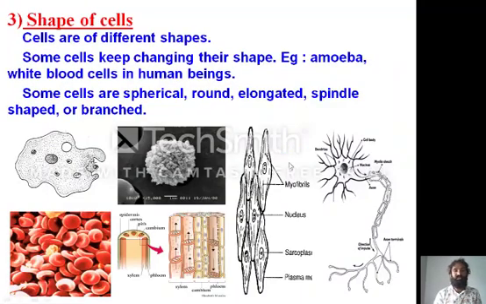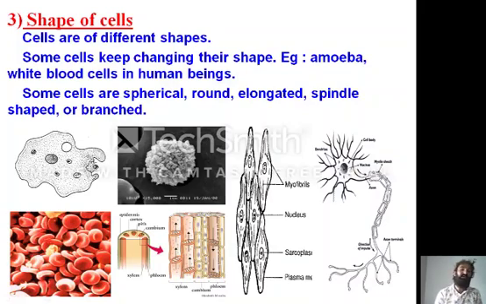Now coming to the shape of cells. Already I told you the cells are different in shape. Some cells keep changing their shape. Examples of these are the amoeba and white blood cells in the human being. Actually, the amoeba does not show any particular shape.